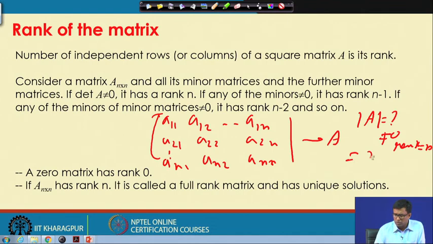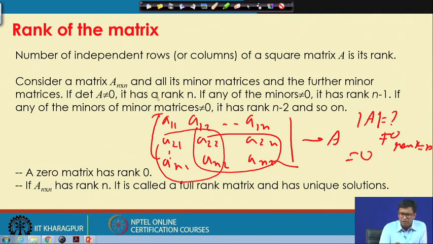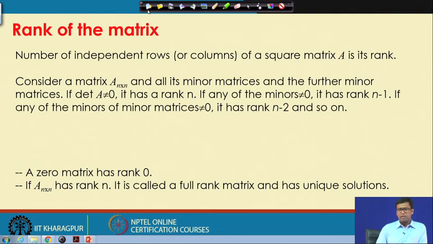If it is 0, then I will consider the minor matrices like this. If they give a non-zero determinant, rank is n minus 1. Otherwise, I will take a smaller sub-minor matrix. If that gives a non-zero determinant, then rank is n minus 2, and so on, and we can find the final number of independent rows and columns, and that will be the rank.